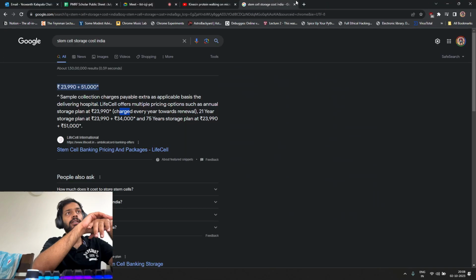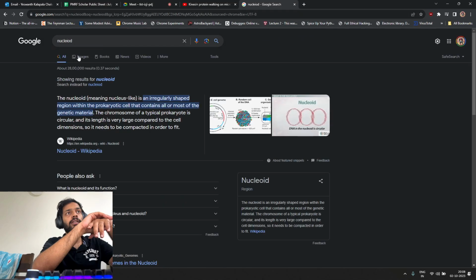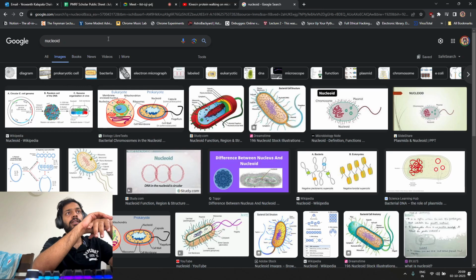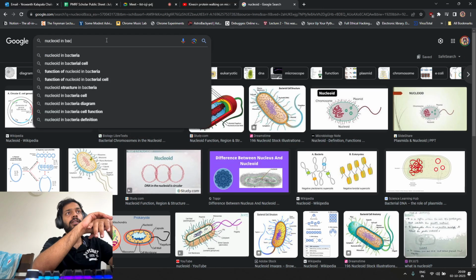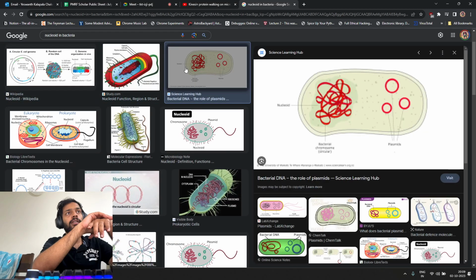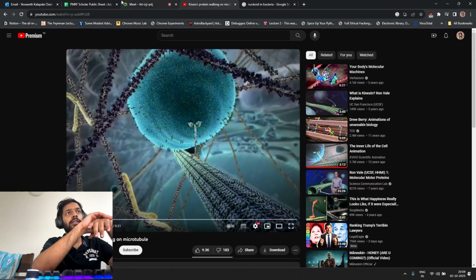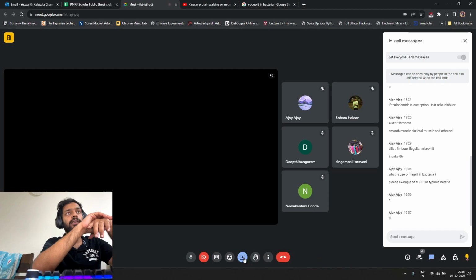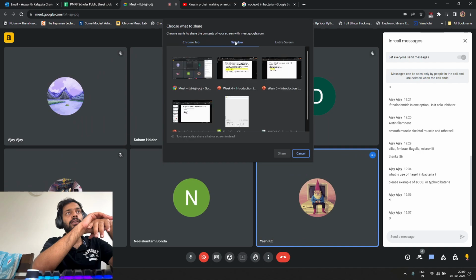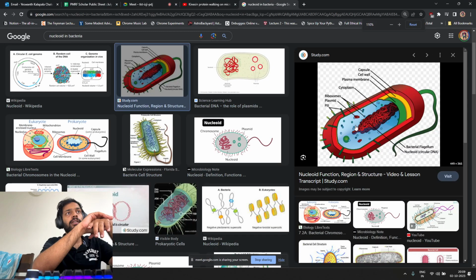So if I show you, let me see. Yeah. So essentially, a prokaryotic bacterial cell has this region where the condensed genetic material is present.